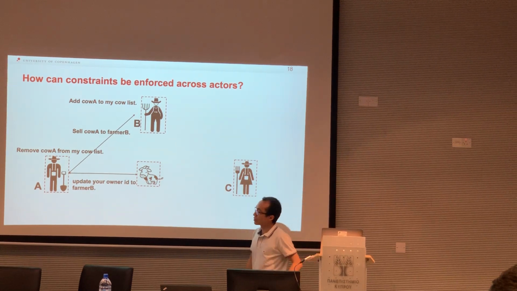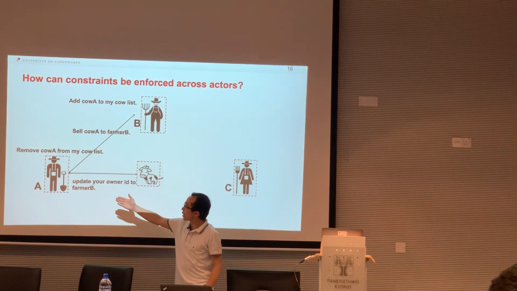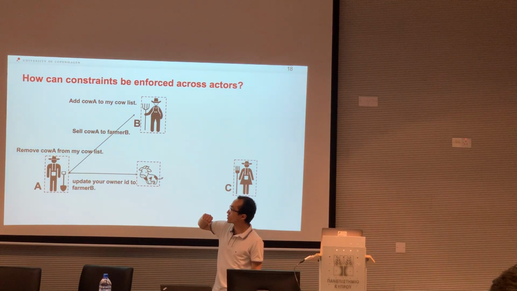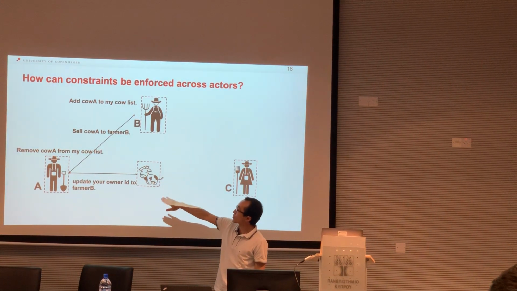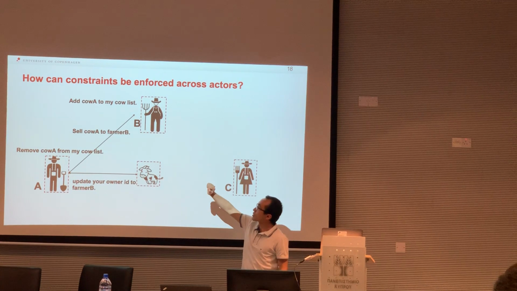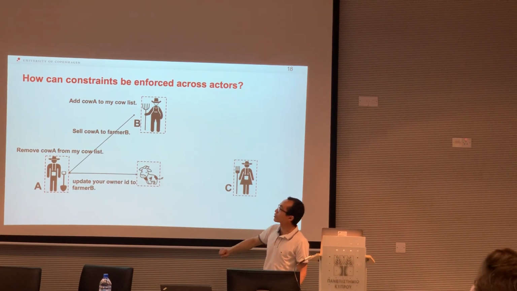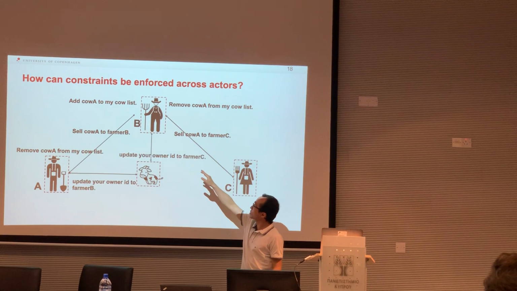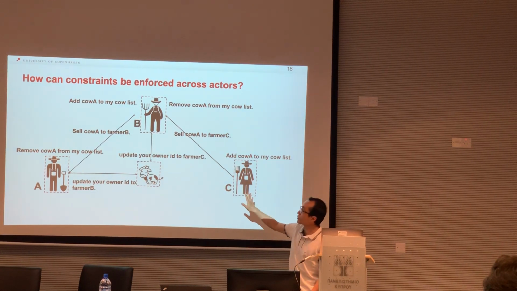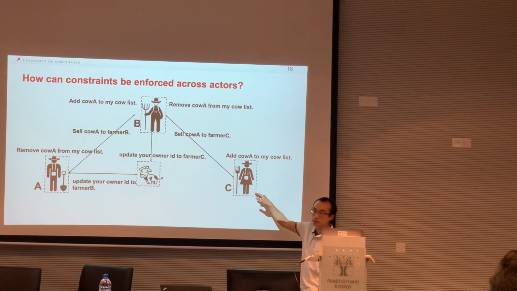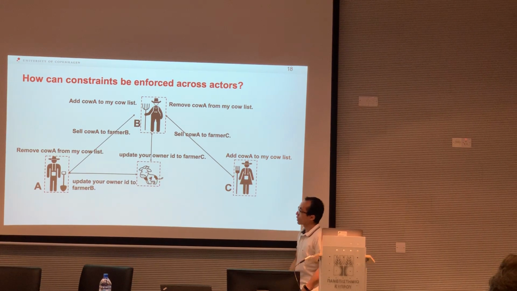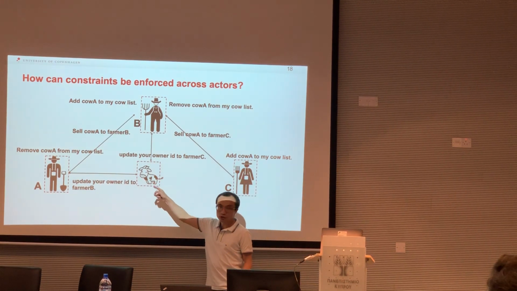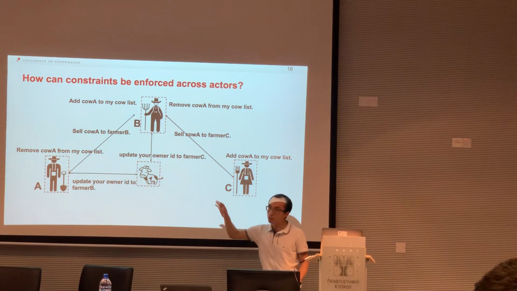First of all, farmer A has to remove the cow from his own cow list, and farmer B has to add it to his cow list. Later on, if the cow is sent by farmer B to farmer C, the same procedure should happen, and also the cow should be updated about who its owner is.